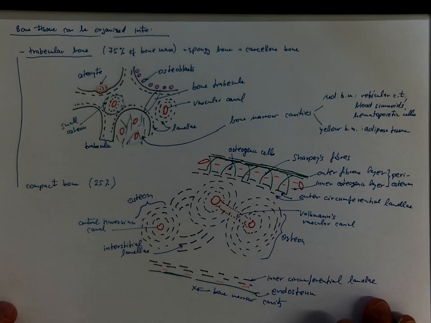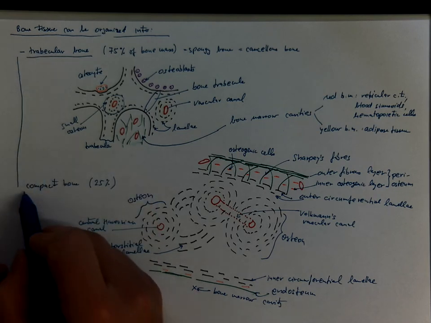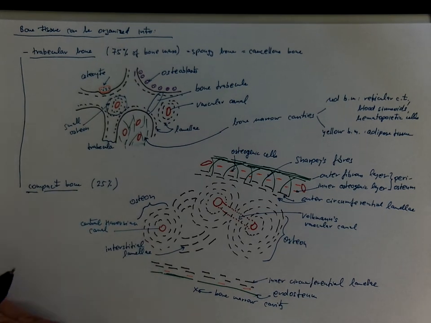The distribution of these two forms, the trabecular and compact bone, varies in different bones of the human body.